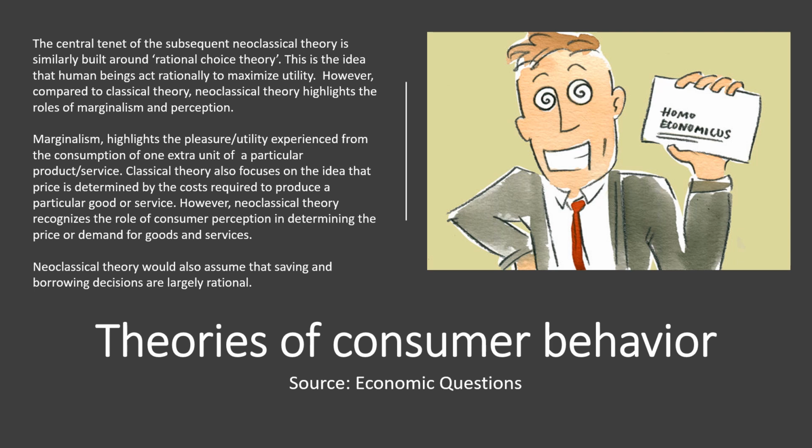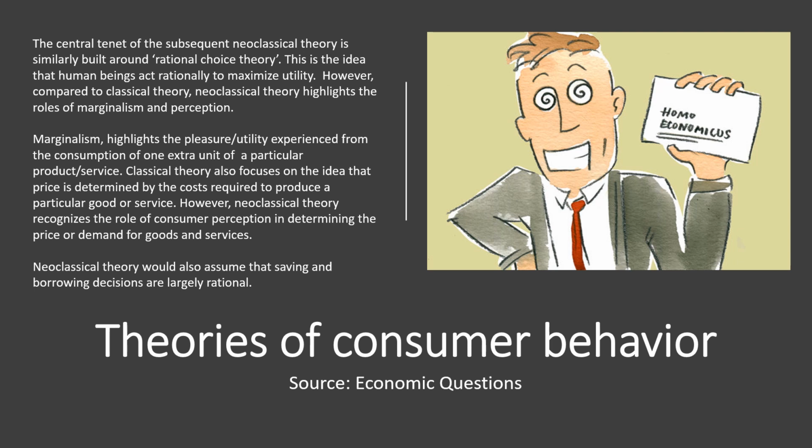Classical theory also focuses on the idea that price is determined by costs required to produce a particular good or service. However, neoclassical theory recognizes the role of consumer perception in determining the price or demand for goods or services. Neoclassical theory would also assume that saving and borrowing decisions are largely rational.